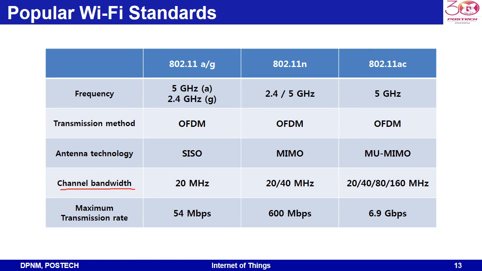So if you look at the maximum transmission rate at the bottom of the slide, you can see that there is a huge difference. IEEE 802.11n is probably the most widely used product because several years ago, 802.11ac became a standard.